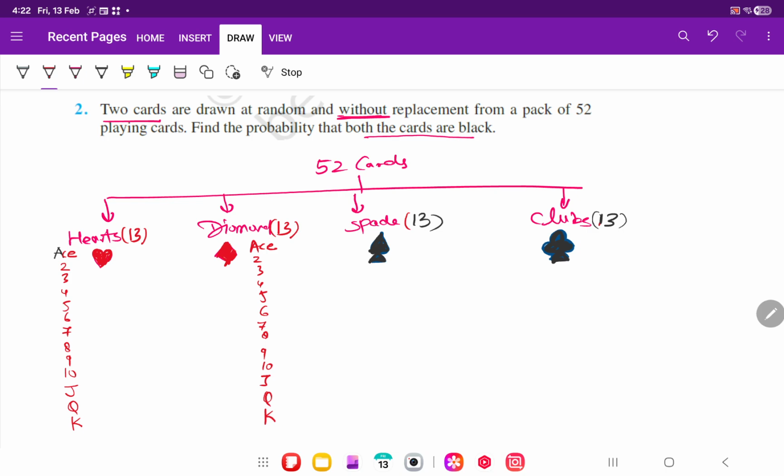Please write down this basic information of cards. Spade also starts from ace, then 2 through 10, then jack, queen and king. Instead of 11, we have jack, queen and king.